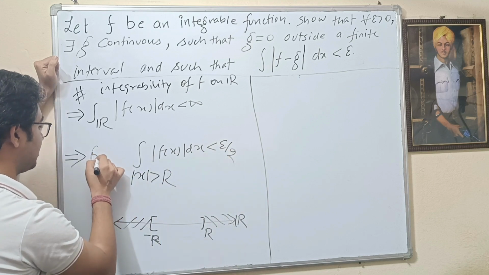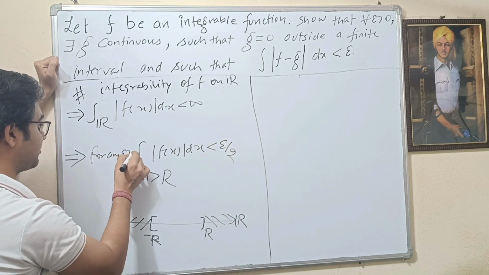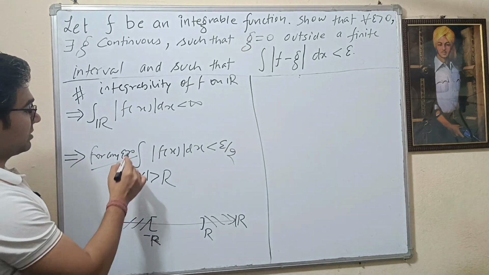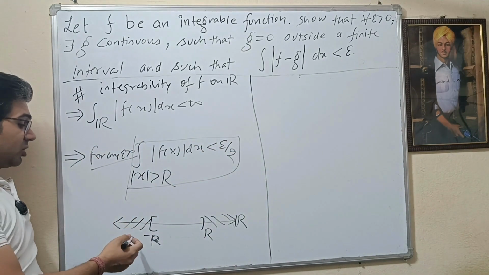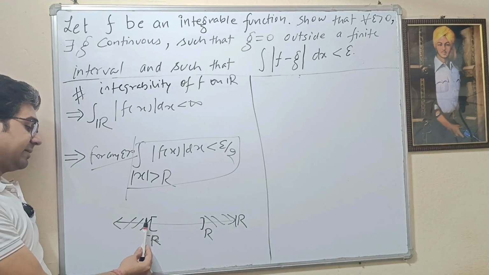This holds for any epsilon greater than 0. This is the story about the region outside minus R to R.